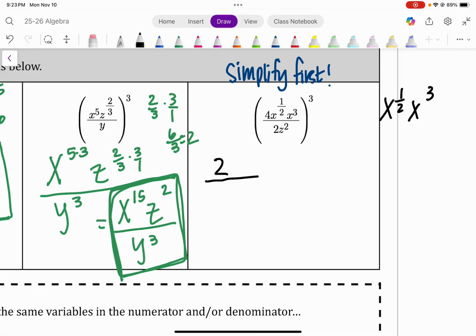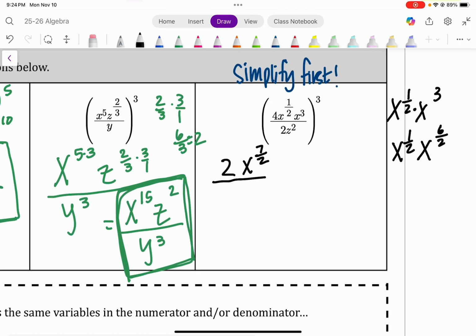Well, x to the 3rd, I'm going to combine that with 1/2. I have to add the exponents because I'm multiplying with the same base. So we need to turn x to the 3rd into something over halves. So that's x to the 1/2 and then x to the 6/2. Because if you saw 6/2, you would know that was 3. So that's going to turn into x to the 7/2.